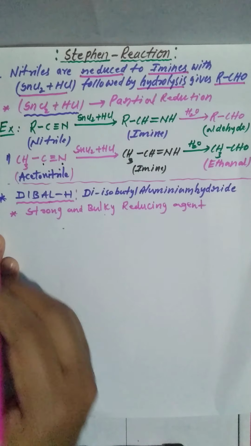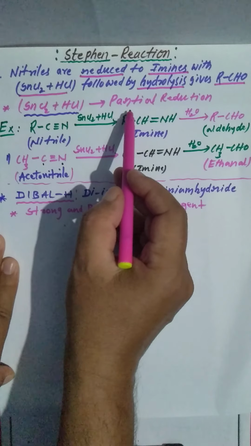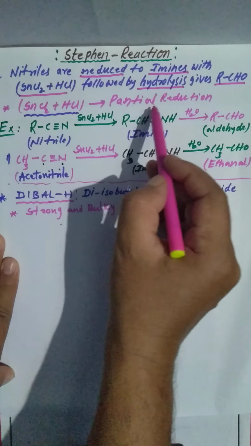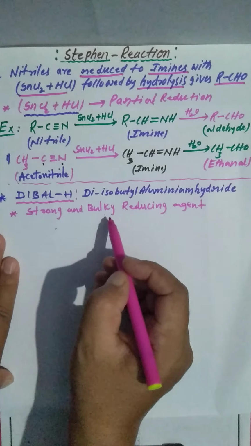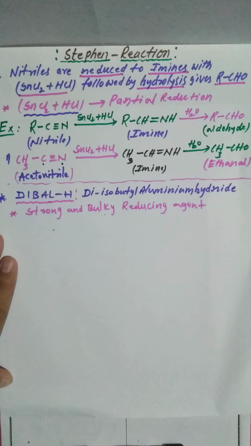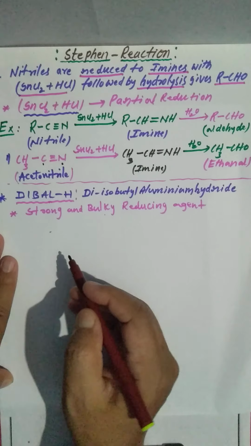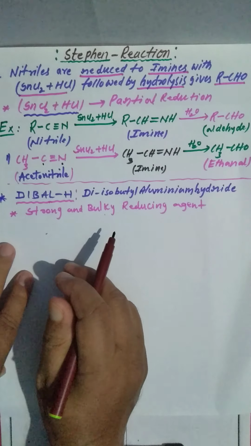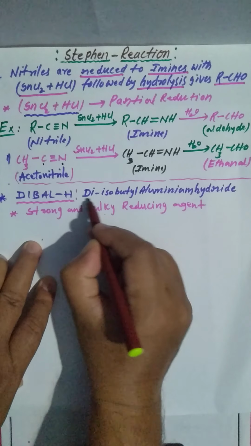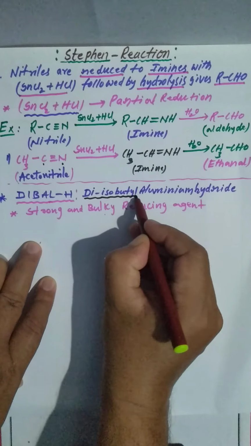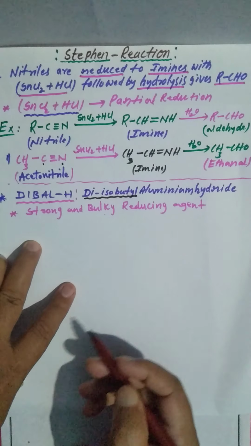Here stannous chloride HCl is a reducing agent where partial reduction takes place, and here it is a strong and bulky reducing agent. How can we say it is strong and bulky? Its structure we have to discuss. Look here, diisobutyl group.